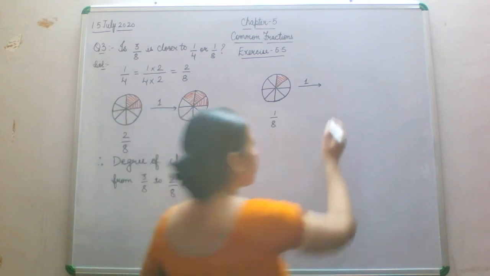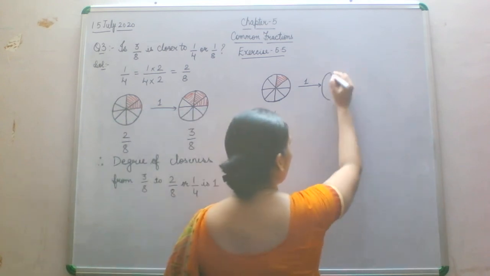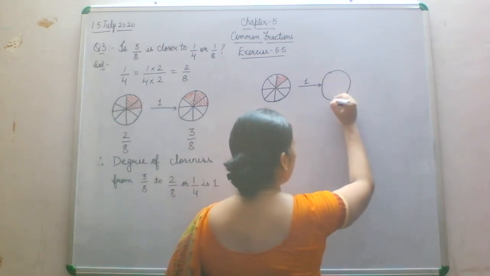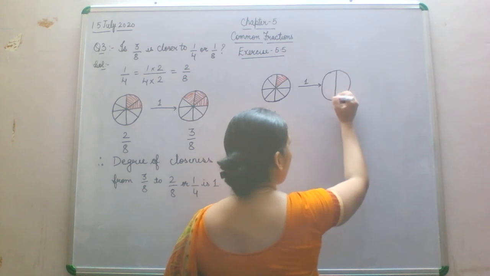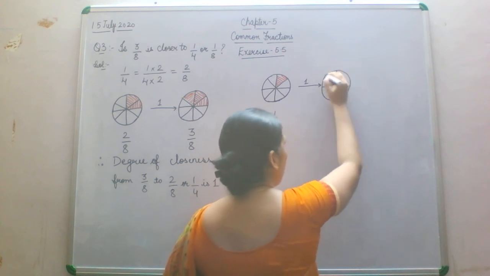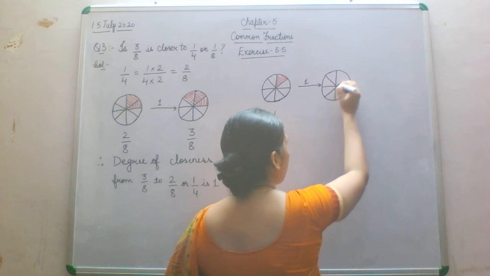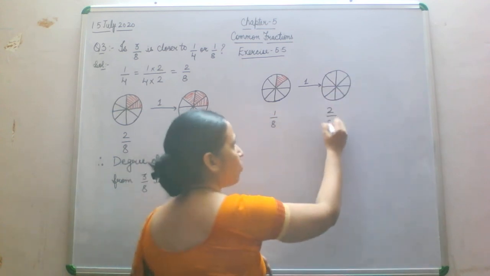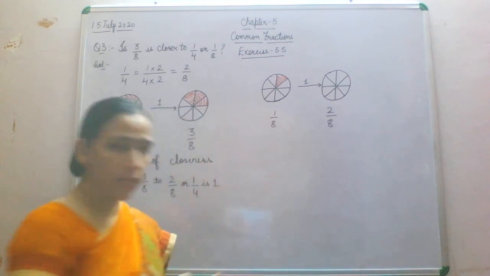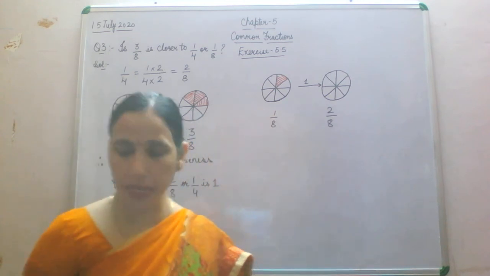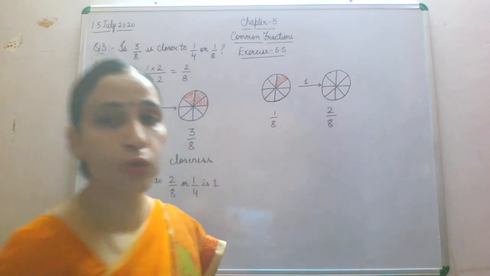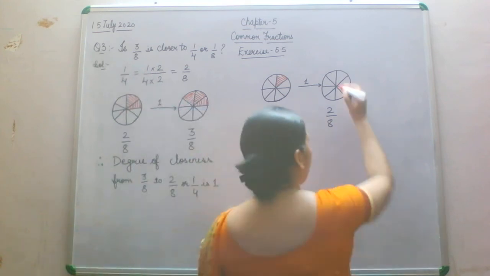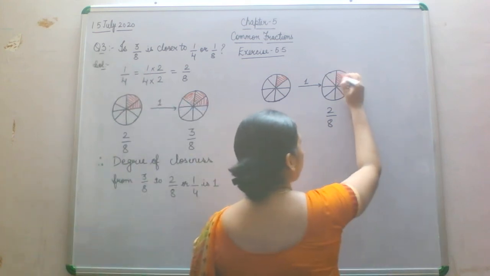We will add 1 by 8 one time, and then we will get 2 by 8. To represent 2 by 8, we have to shade how many parts? We have to shade 2 parts. So now we will shade 2 parts in this.